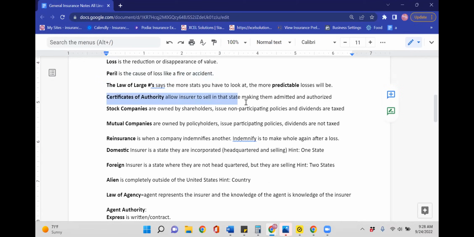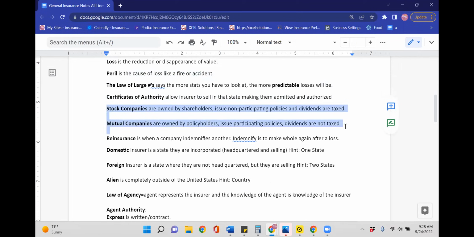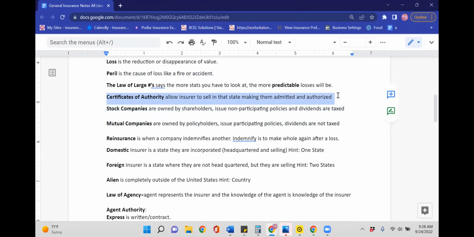Okay. Certificate of authority. So we talked about how insurance companies are either stock or mutual. Well, before that, whether they're stock or mutual doesn't matter, they need to have permission. So that's what a certificate of authority is.